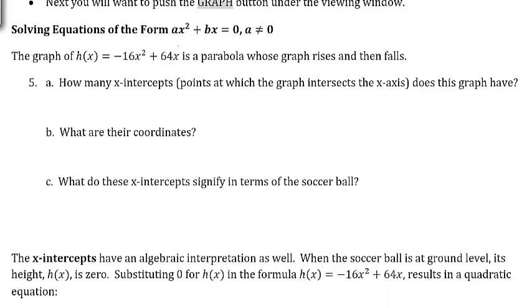So now I'm going to look at solving equations that have the form ax squared plus bx equals 0, where a is not equal to 0. So the graph of h of x equals negative 16x squared plus 64x is a parabola whose graph rises and then falls. How many x-intercepts or points at which the graph intersects the x-axis does this graph have?